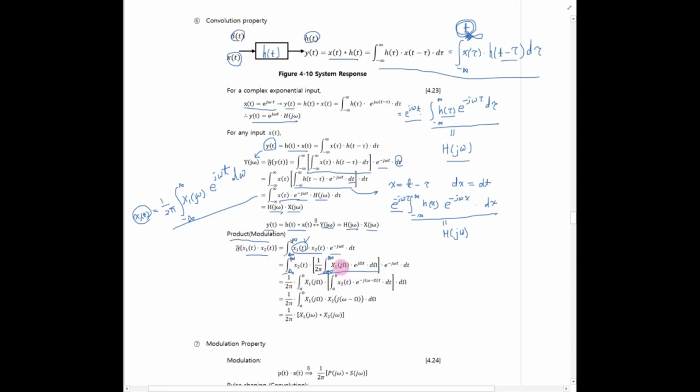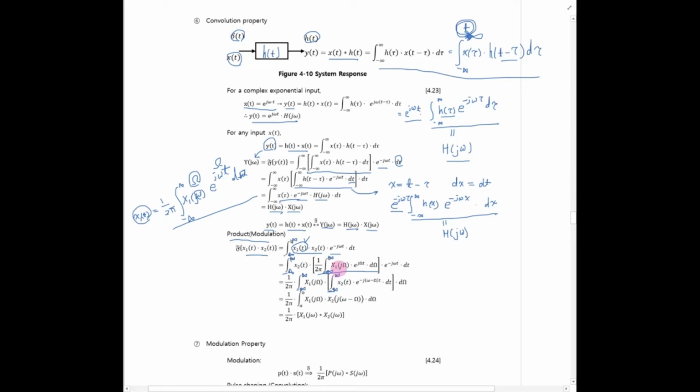And to avoid ambiguity, I just replaced omega with a large capital Omega in the integral, like that. Then it becomes this one, and this part remains here. So to avoid ambiguity between this integral variable and this omega, I take the capital one. Then we need to consider that this one is minus infinity to infinity, and this one is minus infinity to infinity.